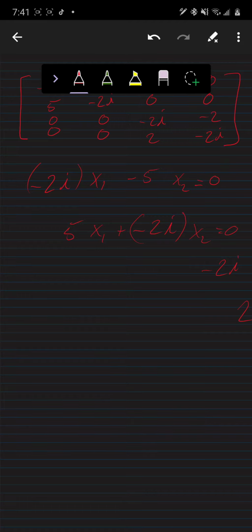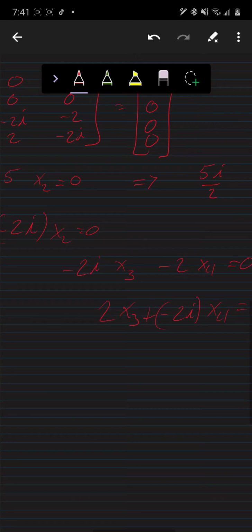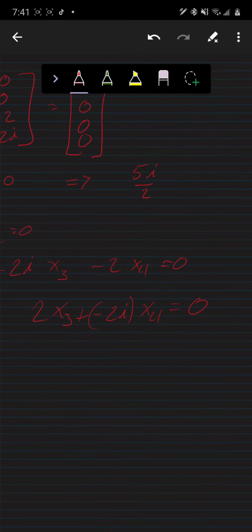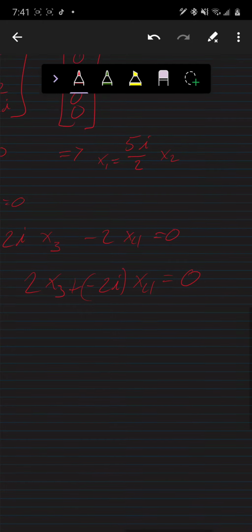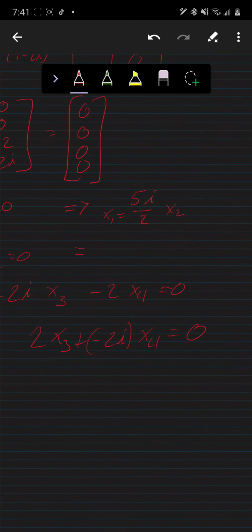It's positive 5, and then we divide it by this, so x1 equals this times x2.